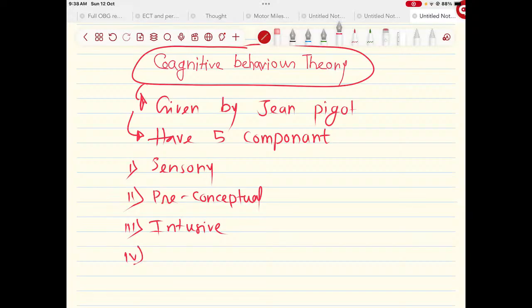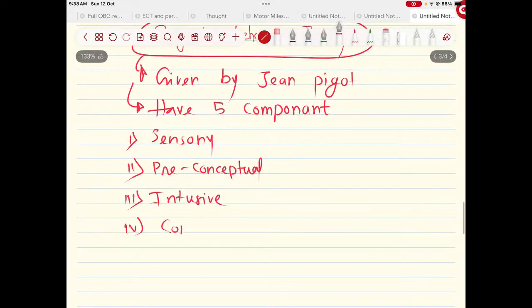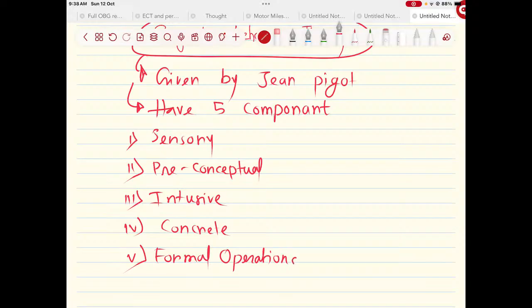The fourth one is concrete. And the last one is the formal operational thought.